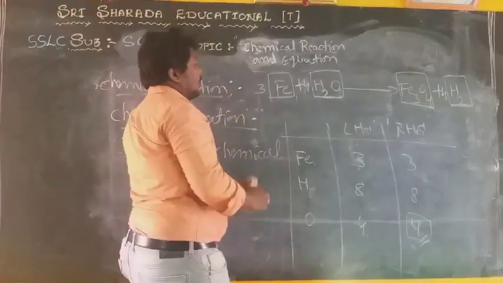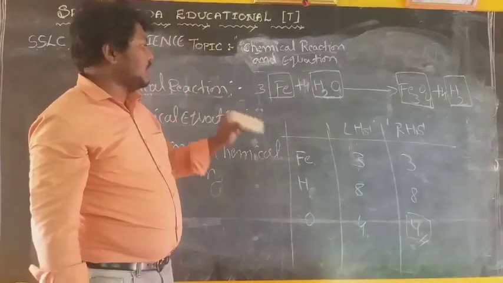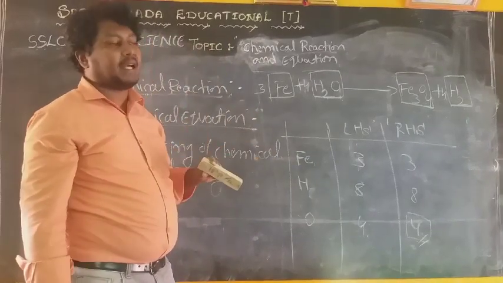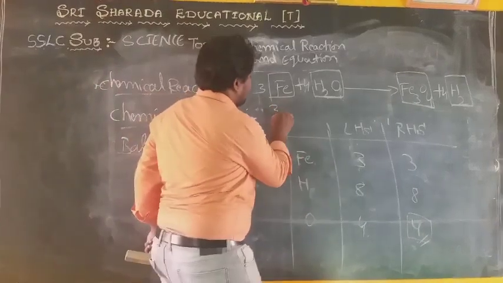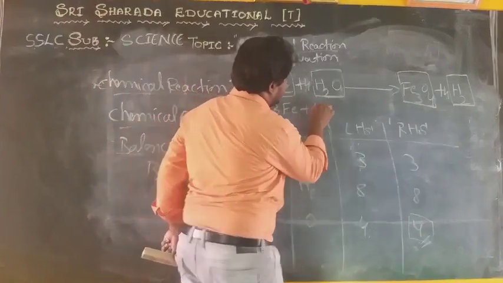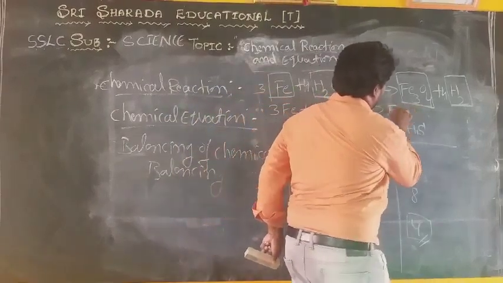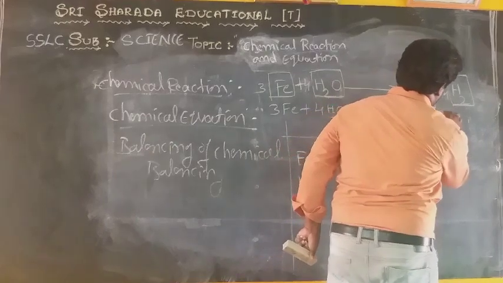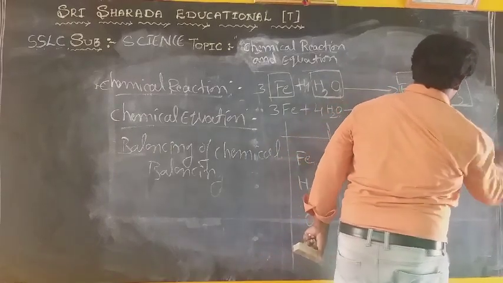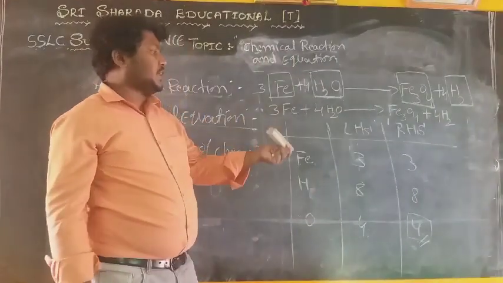So like that we obtain the balanced equation by multiplying the numbers. So it means 3Fe plus 4H2O gives rise to Fe3O4 plus 4H2. So it is a balanced equation.